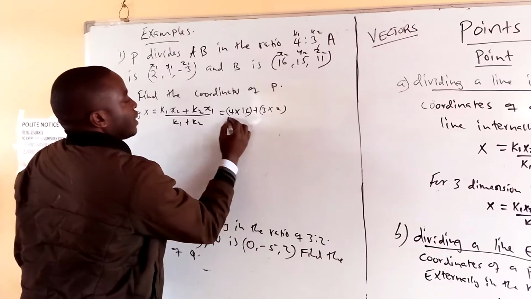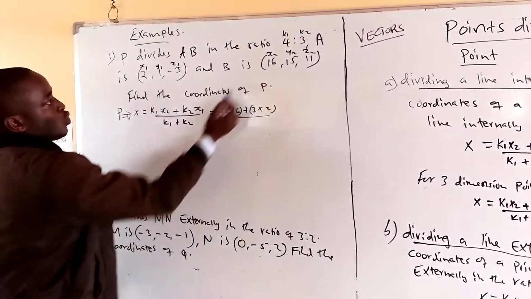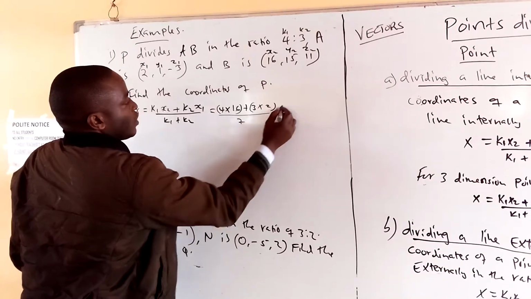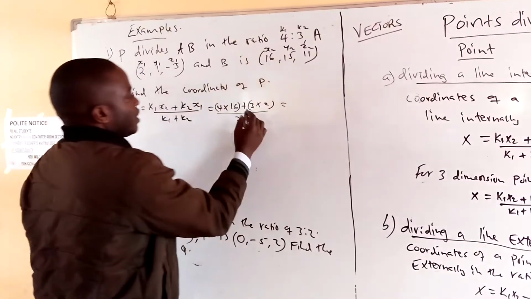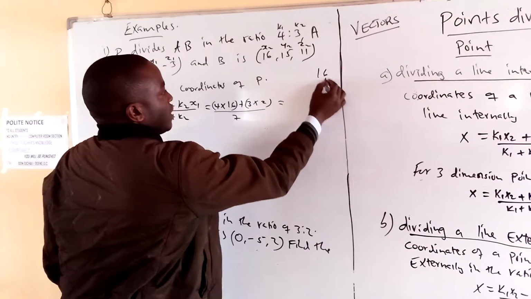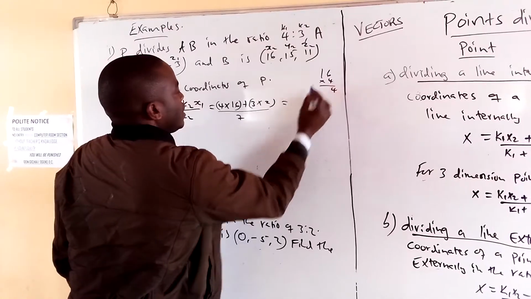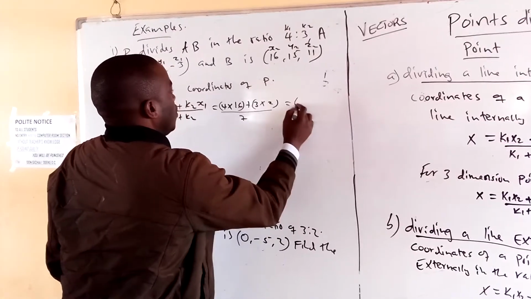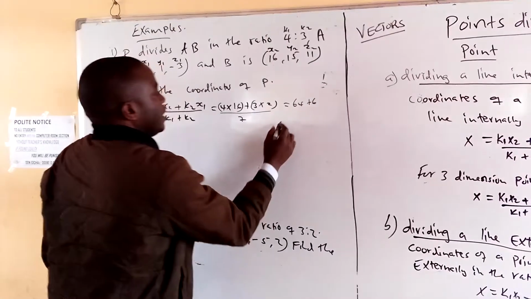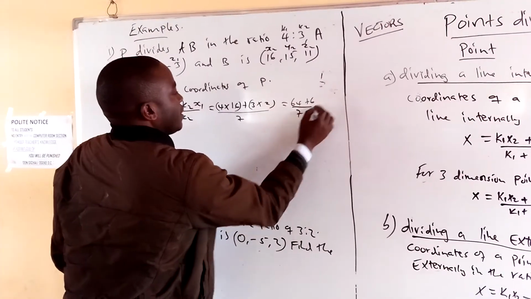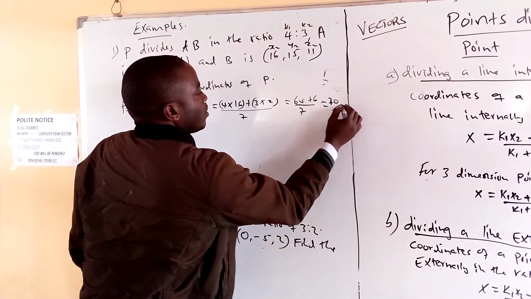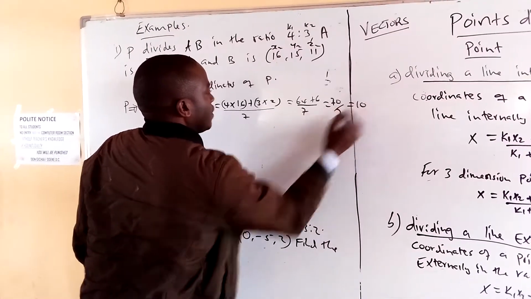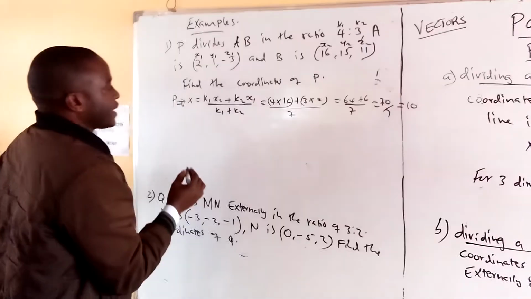Then k1 plus k2, that's 4 plus 3, that is 7. So this is equal to 16 times 4, that is 64, plus 6, all over 7, that is 70 over 7, which gives you 10. So our x is 10.